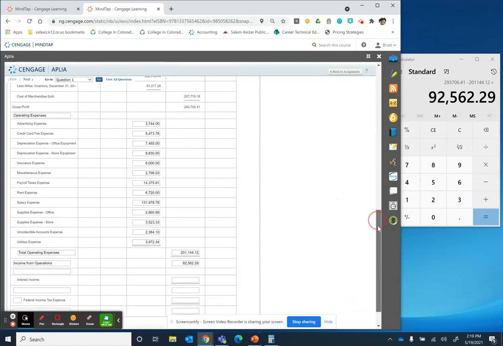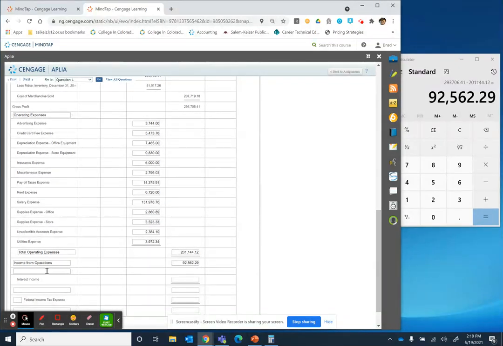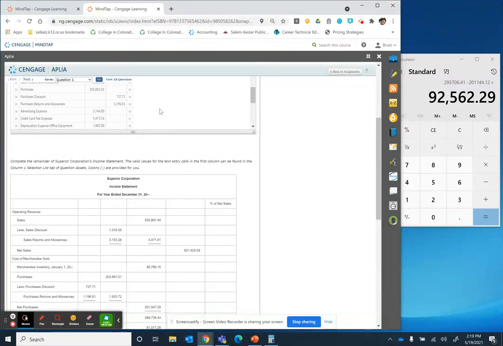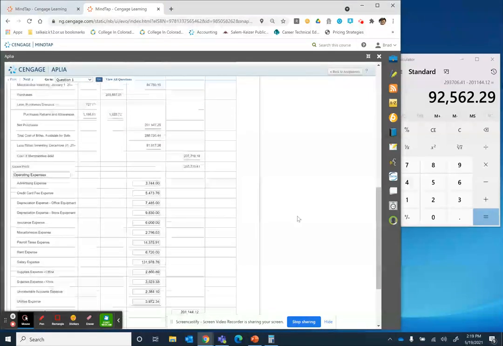Now we have to list the other revenue, and we're going to list our interest income. Our interest income is going to be found in our adjusted trial balance, and that's going to be $466.20.